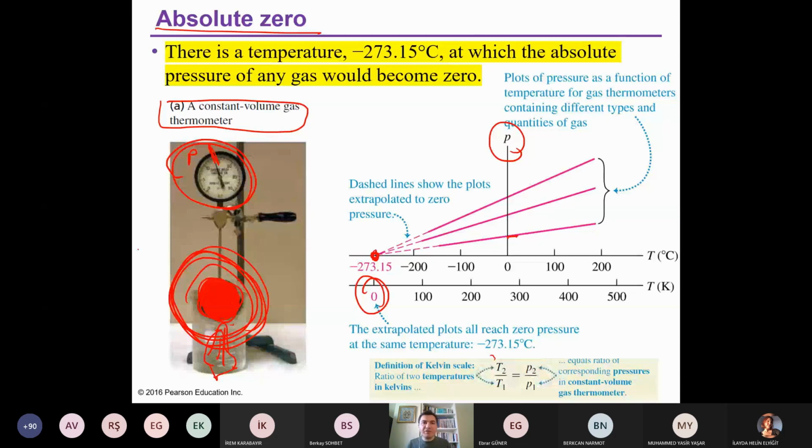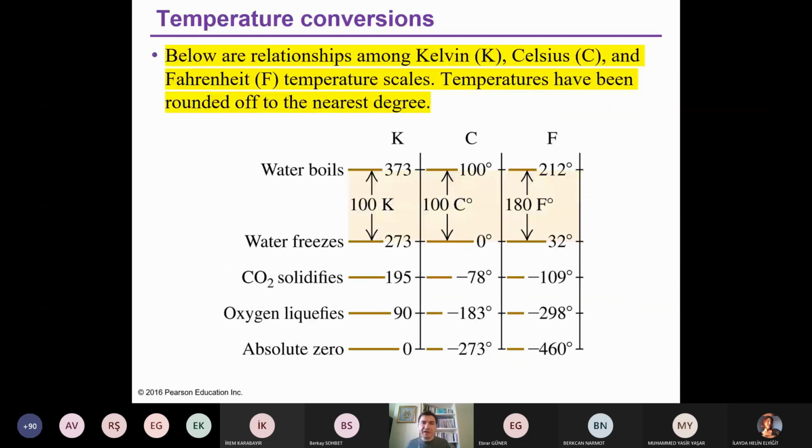Now let me show you relationships among Kelvin, Celsius, and Fahrenheit temperature scales. Here we have the Kelvin scale on the left side. On the right, we have the Fahrenheit scale. And here we have the Celsius scale in between.